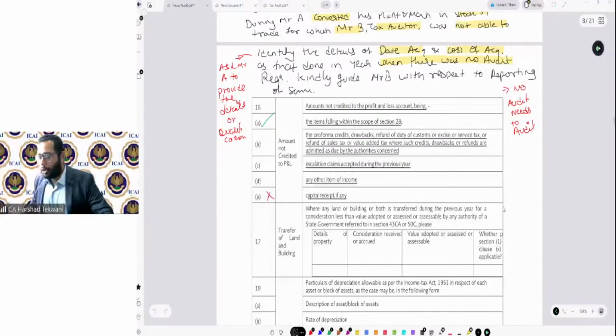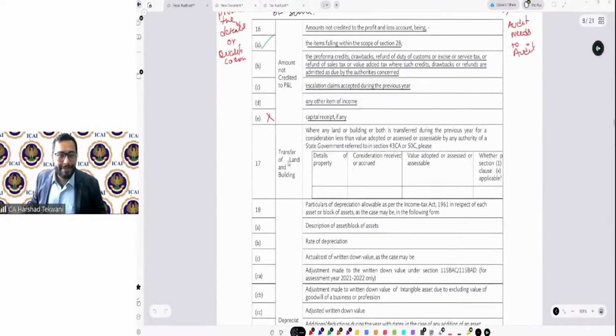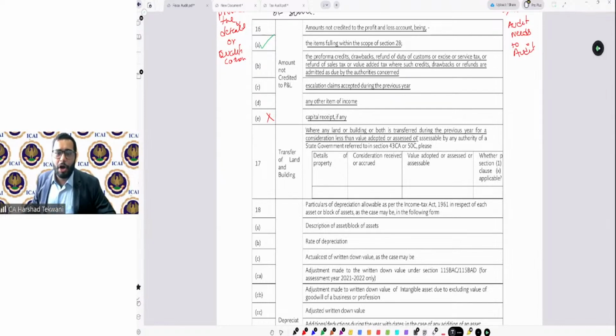Let's do two more clauses, and then I'll provide you some more detail. One more question. Clause 17 talks about whether any land or building is transferred during the previous year for a consideration less than the value adopted or assessed or assessable by an authority of the state government referred to in section 43CA or 50C.